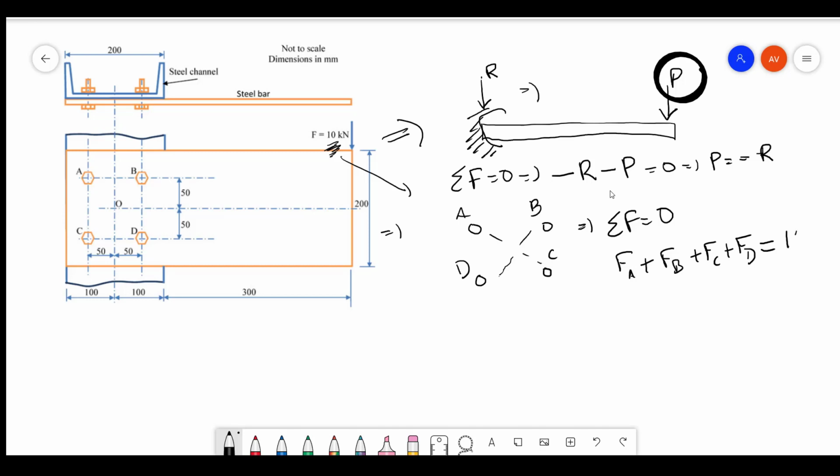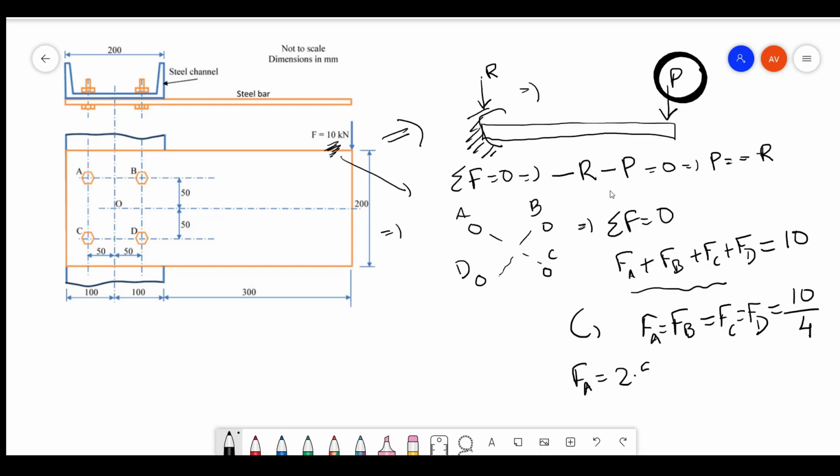Instead of P you have 10 kilonewton, and all these are identical. So you will get FA is equal to FB is equal to FC is equal to FD, which is 10 by 4, so each force is equal to 2.5 kilonewton.